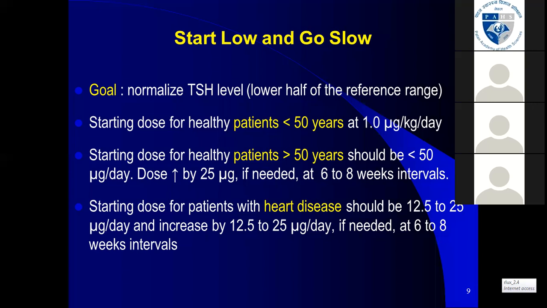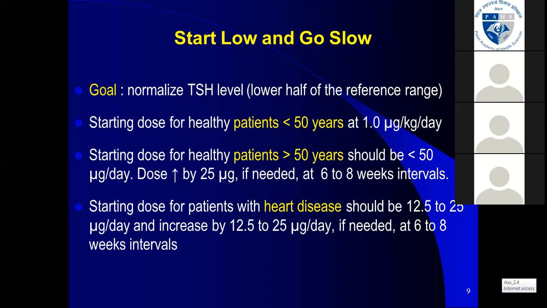So, the starting dose for healthy patients less than 50 years is 1 microgram per kg per day of levothyroxine. In patients more than 50 years, it should be less than 50 microgram per day. This is not 50 microgram per kg, this is 50 microgram per day total. The dose can be increased by 25 microgram if needed at 6 to 8 week intervals by measuring the TSH level.